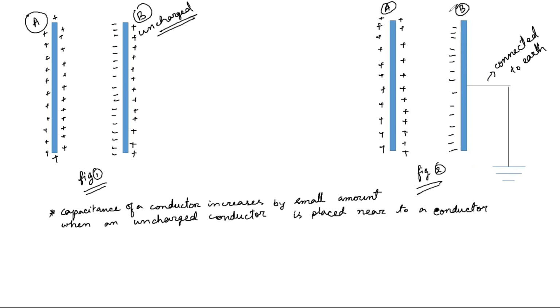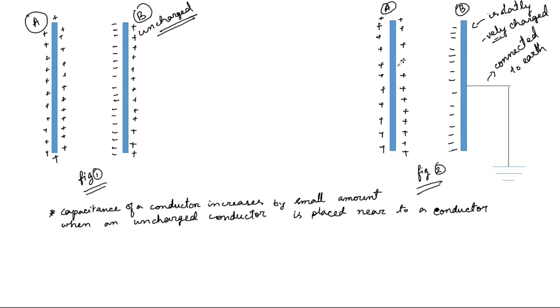Now this plate B is isolated, you can say, negatively charged. And why is it totally negatively charged? Because you have connected it to Earth. So now you don't have any extra positive charge on plate B. Now you have only negative charge in plate B, and what will this negative charge do?